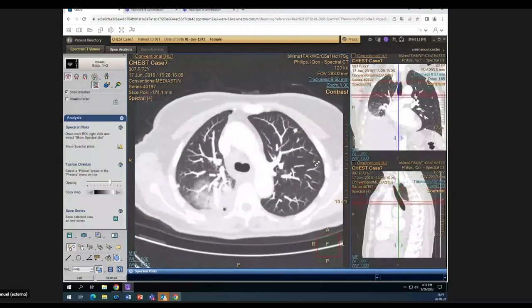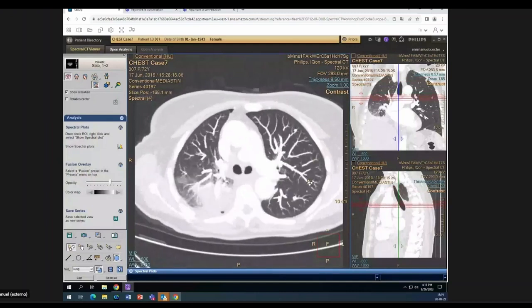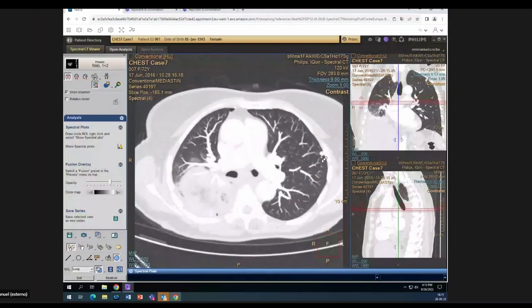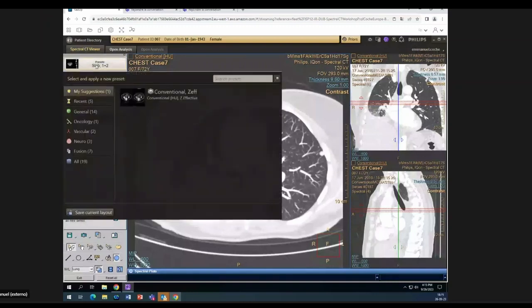Another lung nodule. Here you have another nodule. There are different lung nodules. Here you will see a right lower lobe consolidation. We can go back to this consolidation after. We can go to the spectral CT data, and I invite you to go to preset.